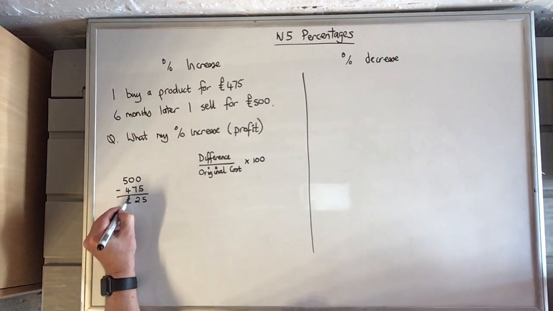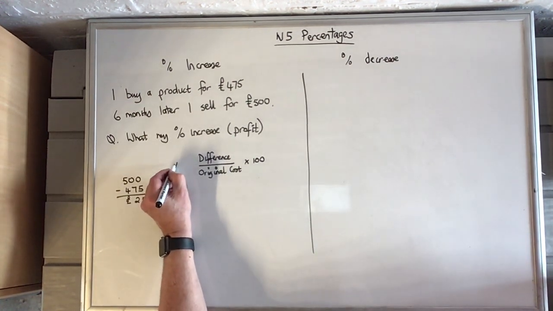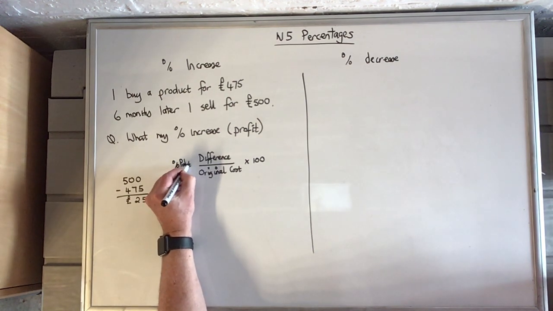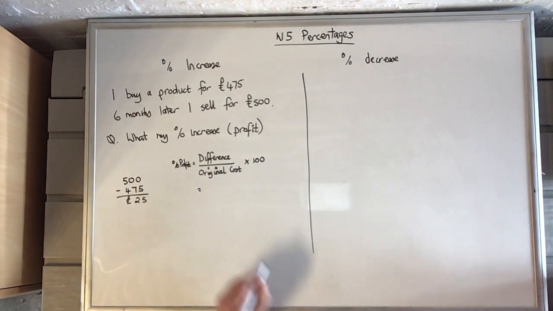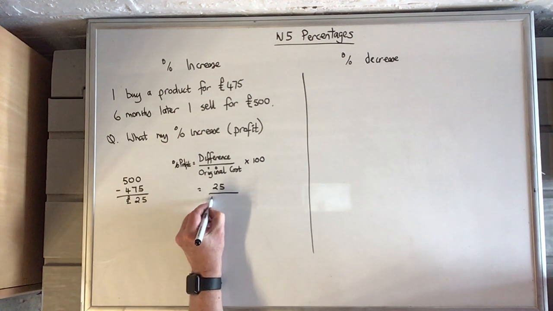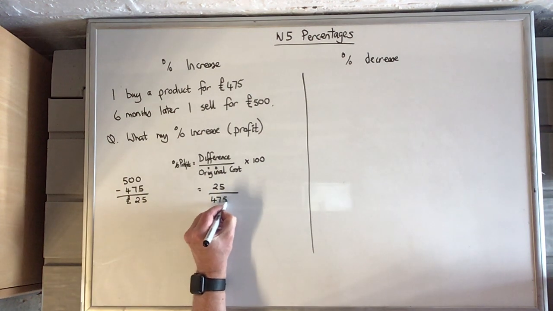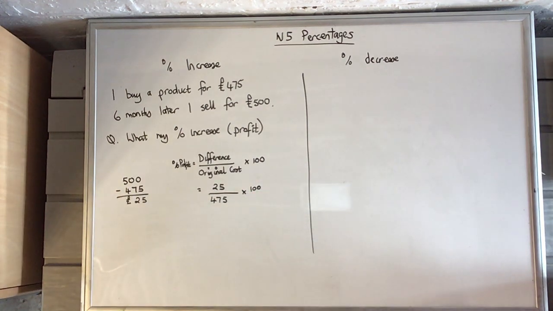So I've made £25 profit. But what's my percentage profit? Because we're asked for the percentage profit. So percentage profit, or percentage increase, equals the difference, 25, over the original amount that I bought it for, which is 475, and we times that by 100.